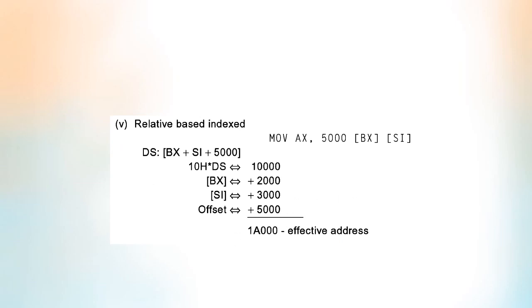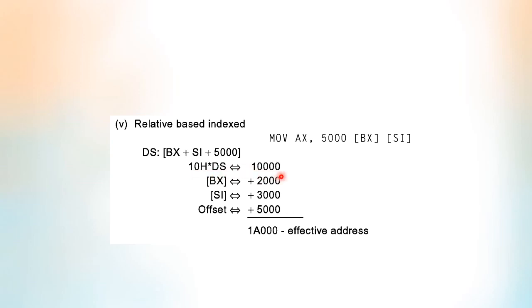Next one is relative based indexed addressing mode, and the example is move AX, 5000 BX SI. So here what we have to do is shift the DS register value to left by 4 bits. It is also written as 10H into DS.